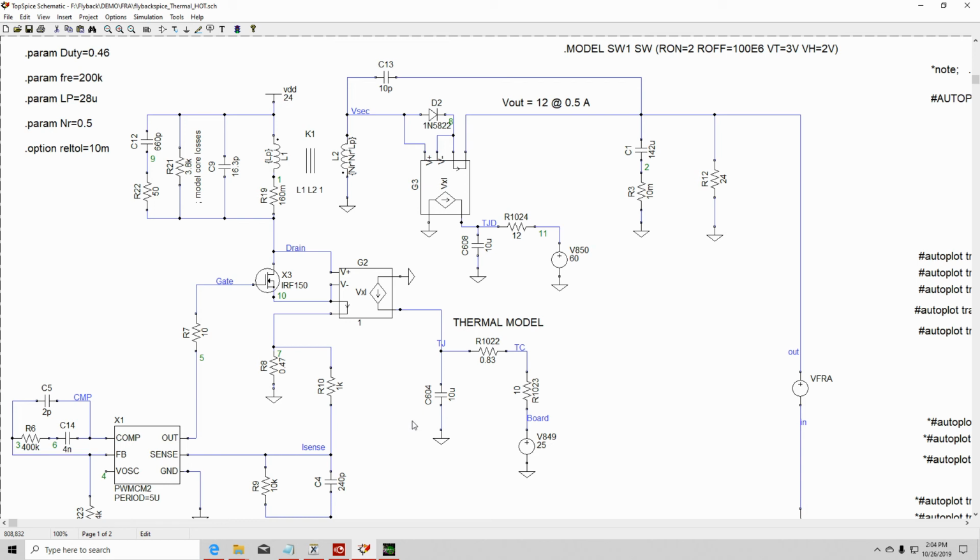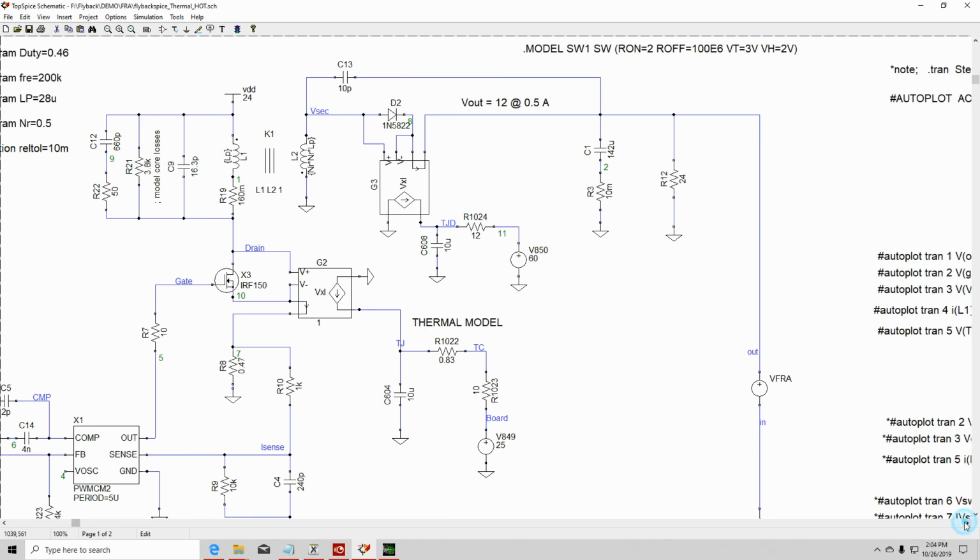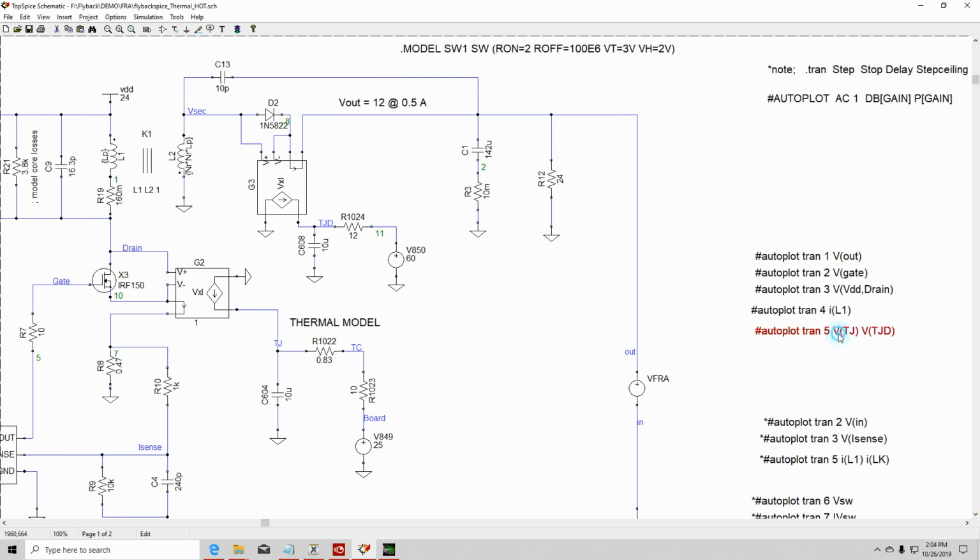Okay, now let's take a look. I noticed that I have this at a different temperature. I was taking the, you can also do this model for a diode. Let me go ahead and turn off the temperature of the diode, because I don't want to confuse anybody.